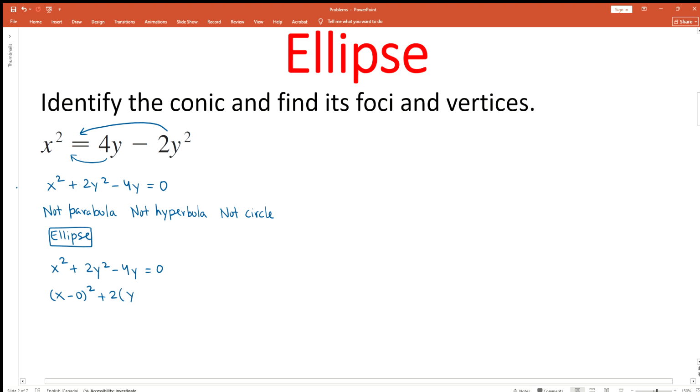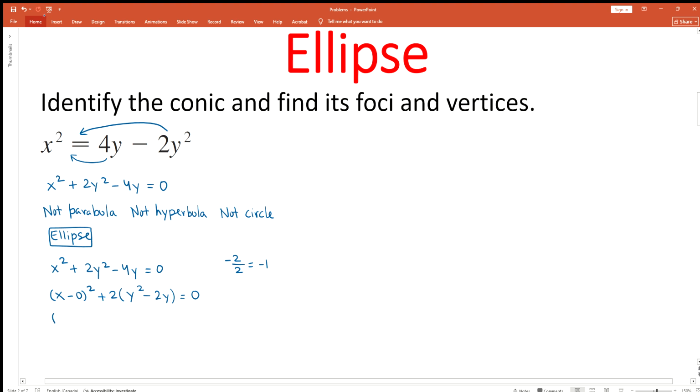I get y squared minus 2y. In the expression in the parentheses, the coefficient of y is negative 2. We should divide negative 2 by 2, which is equal to negative 1. We should add and subtract square of negative 1 in the parentheses.